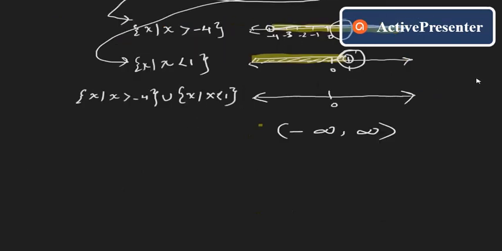If I change the example here and I tell you to find not the union, the intersection. So what is the intersection of these two sets?